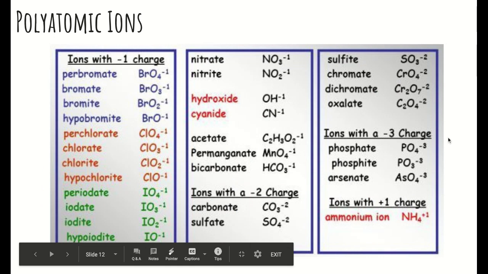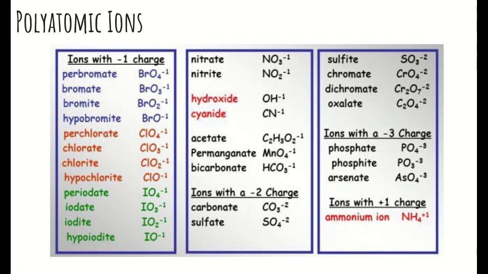So this is a list of polyatomic ions. They're called ions because the entire formula gets a charge. When we start bonding and naming these, they have a slightly different rule. Let's look at nitrate, the first one in the middle: NO3 with a -1.